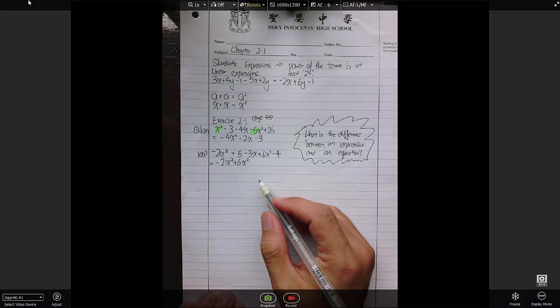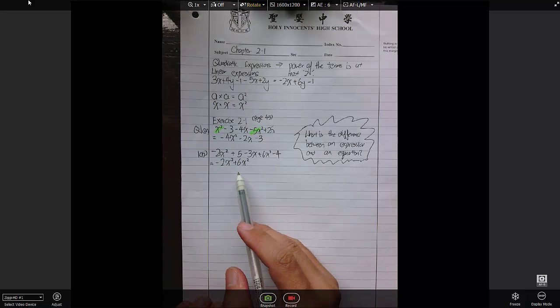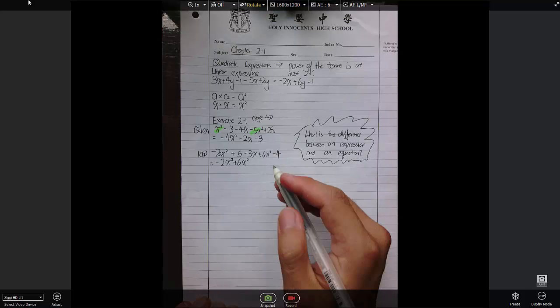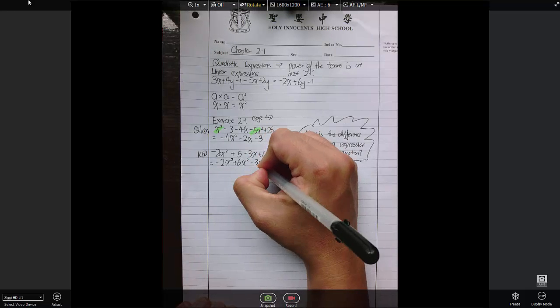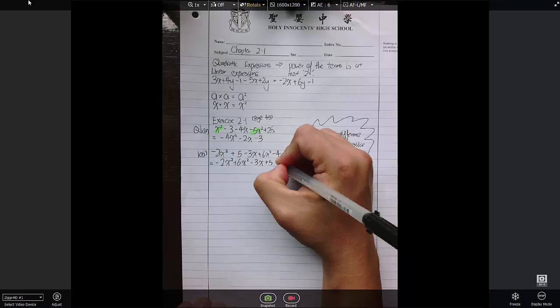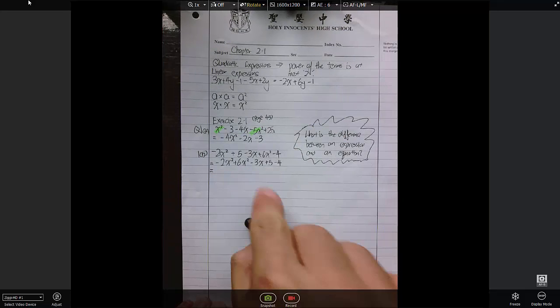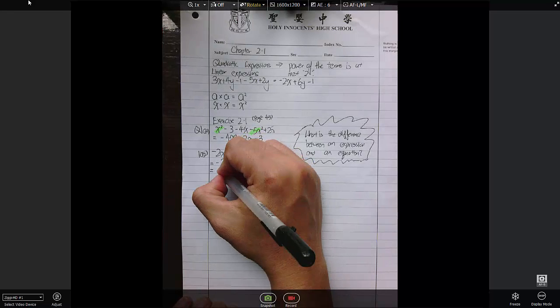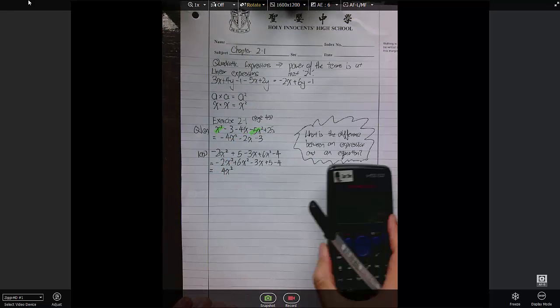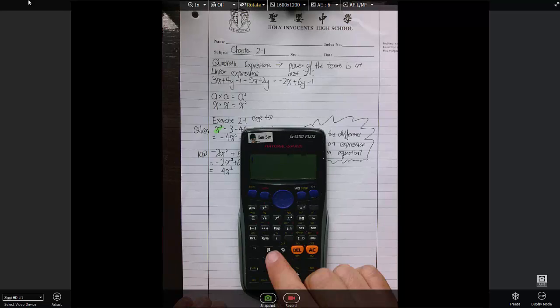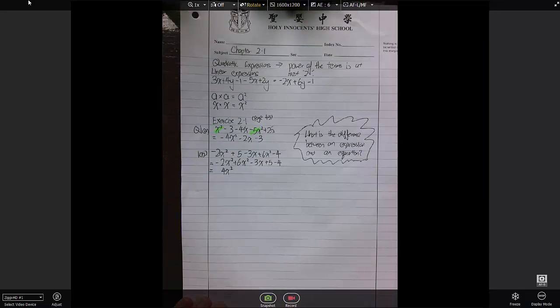Then I collect the terms in x. Notice I'm going in descending powers of x: x squared first, then the x terms, then the numbers 5 and negative 4. Then I start to work. Negative 2 plus 6 gives me 4x squared. If you have problems with this, just take your calculator. Negative 2 plus 6 is 4x squared.